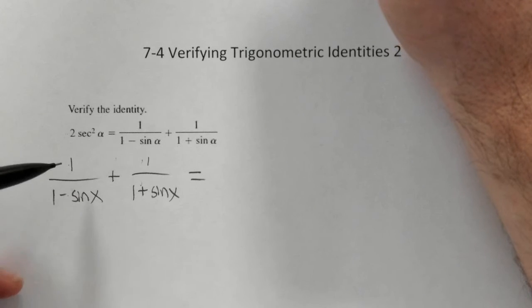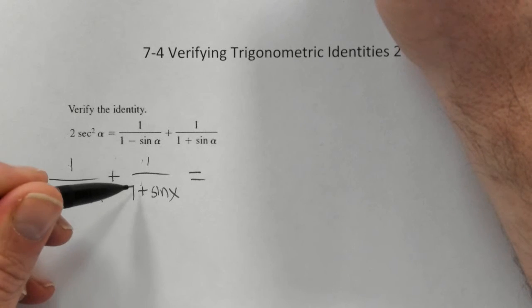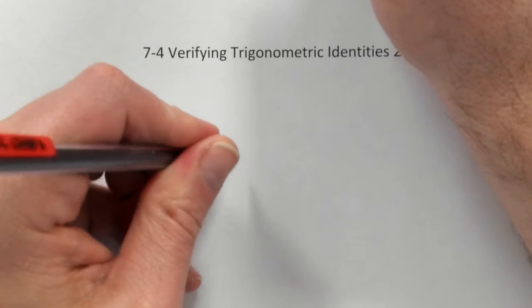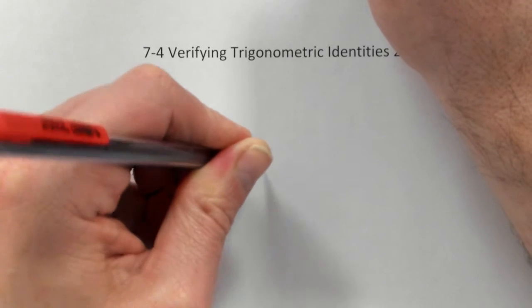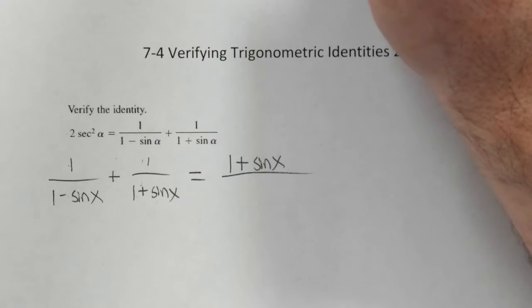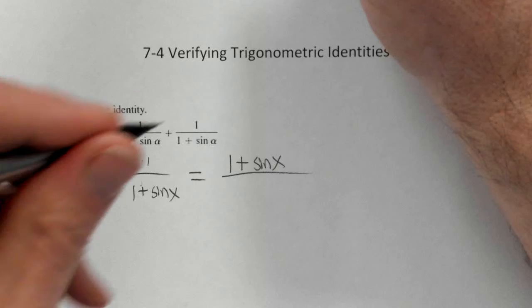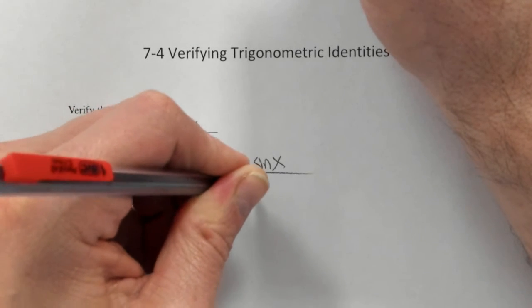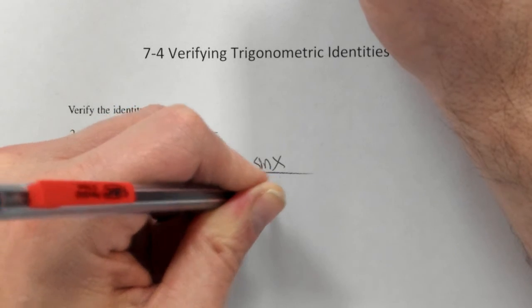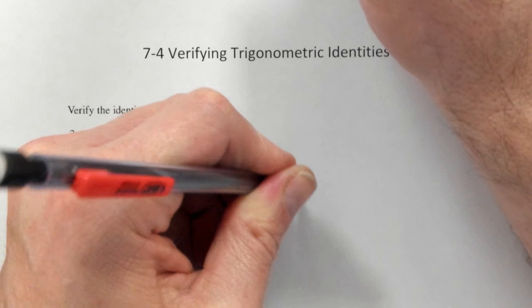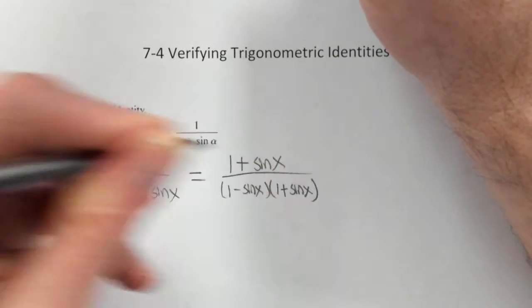So I'm going to take this fraction and multiply the top and the bottom by 1 plus sine of x. On the top of the first fraction, we have 1 plus sine of x over, on the bottom, what was already there, which is 1 minus the sine of x, times what we multiplied by, 1 plus the sine of x.